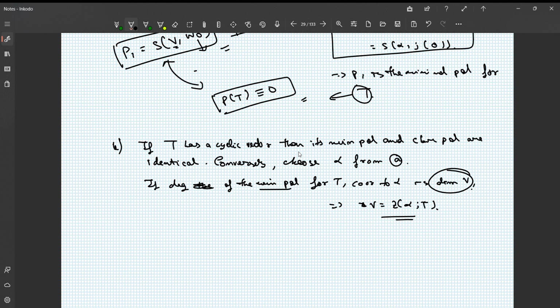So by definition, alpha is a cyclic vector for T. I guess it's clear.